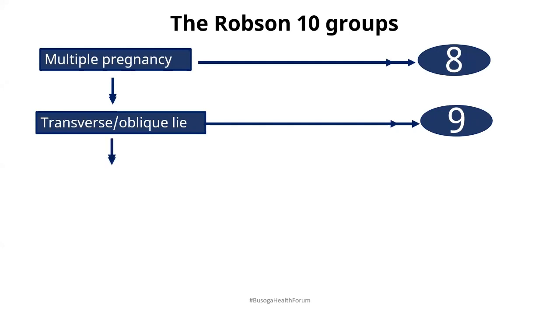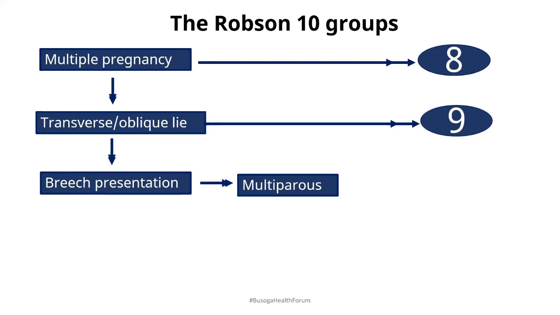Then if not oblique or transverse, is the baby in breech? If yes, the other question is, is this a multiparous mother who has delivered before? And if yes, then that mother is classified to belong to group 7.